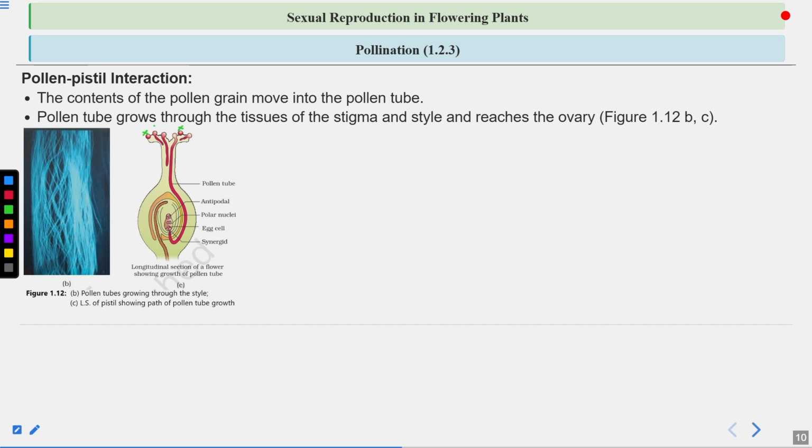Here, three are germinating and two are not germinating. Actually, four are there, and the four are germinating. It may be the compatible one. Pollen tube grows in case of self-incompatible, in case of outbreeding device.